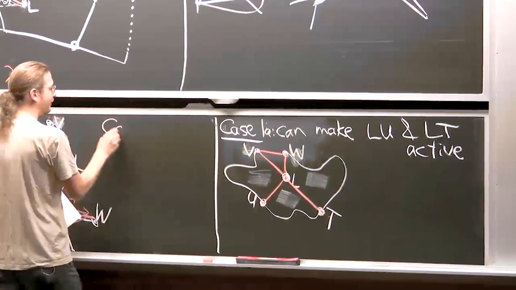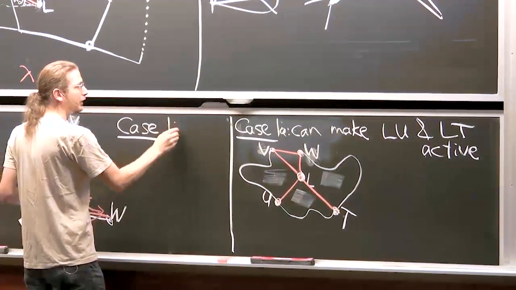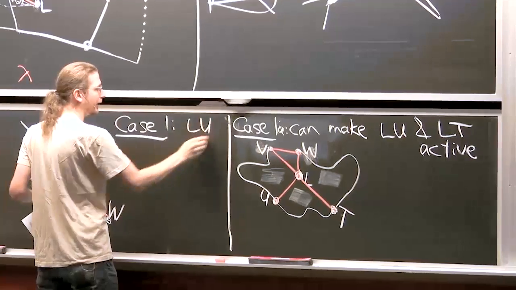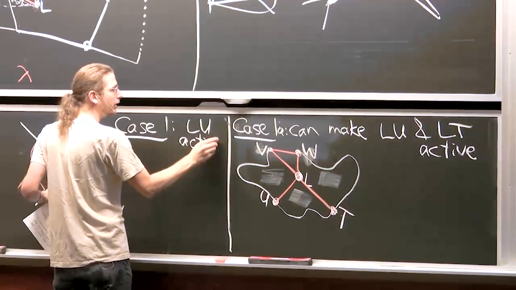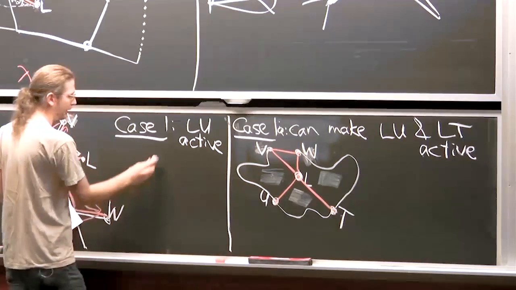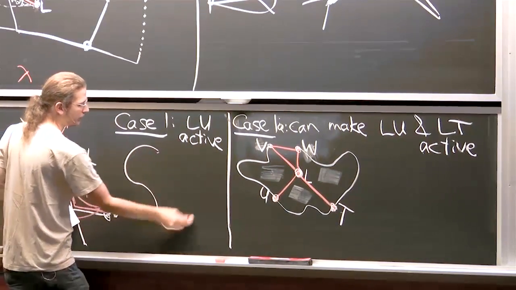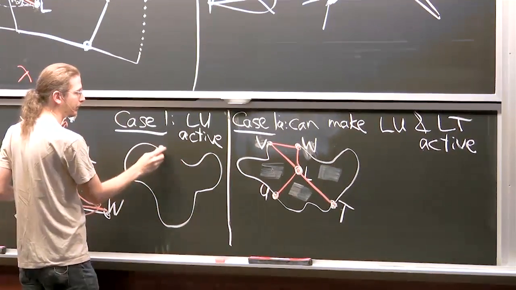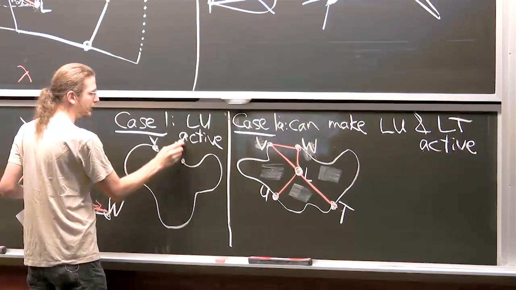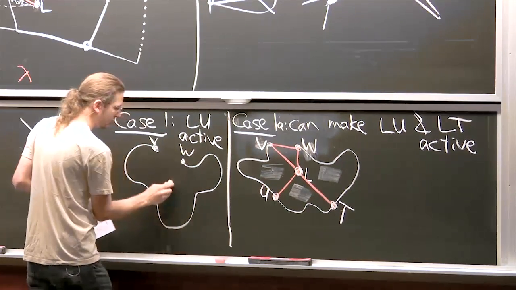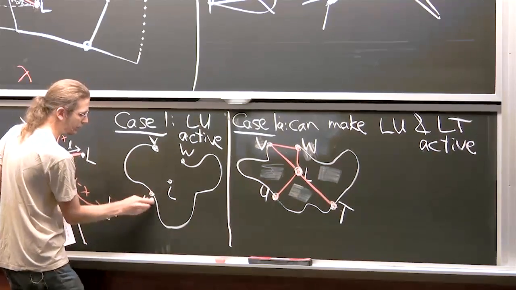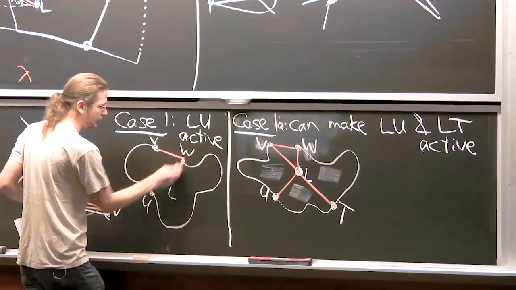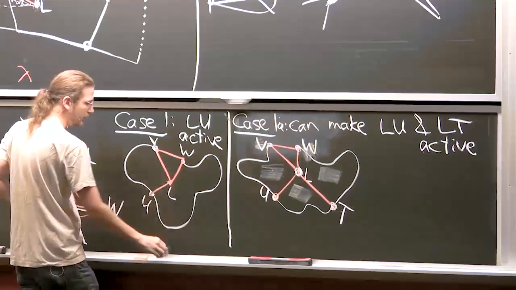Before we get there, case 1 is you get LU active. Suppose you just get one additional active path. The other case is nothing else becomes active. So here's V, here's W, here's L, here's U. So this is active, active, active, active.